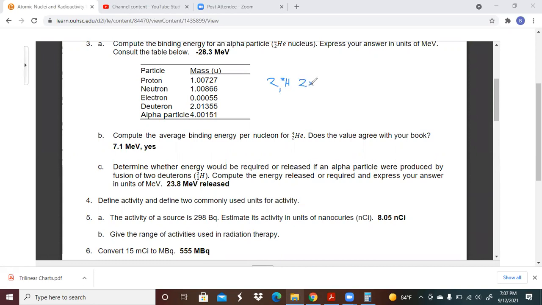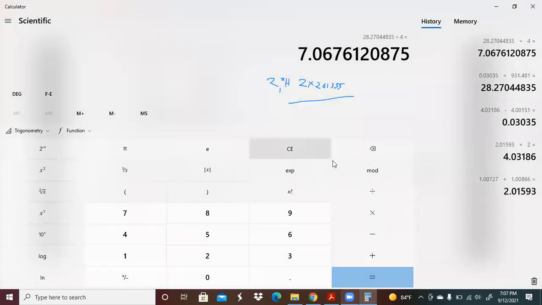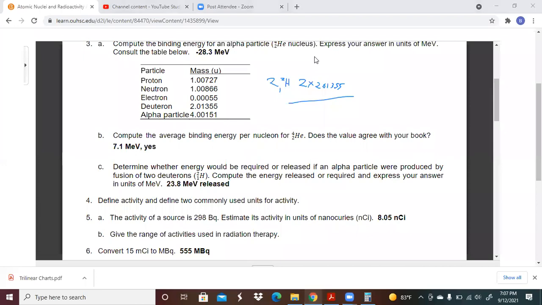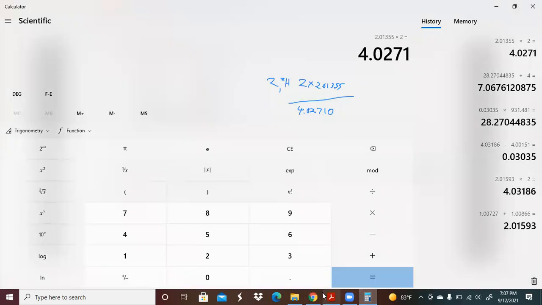We're basically taking 2 times 2.01355, which gives 4.0271.